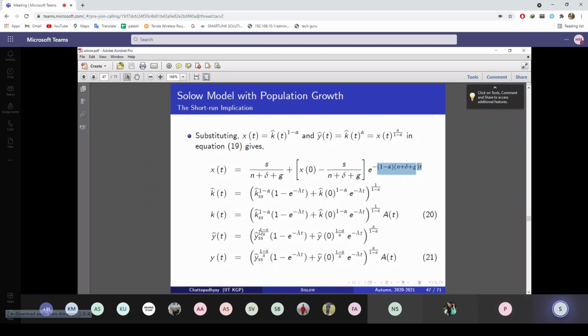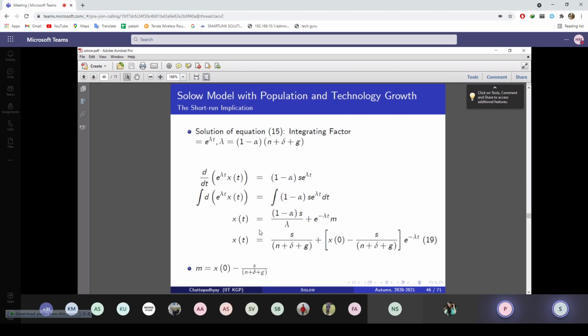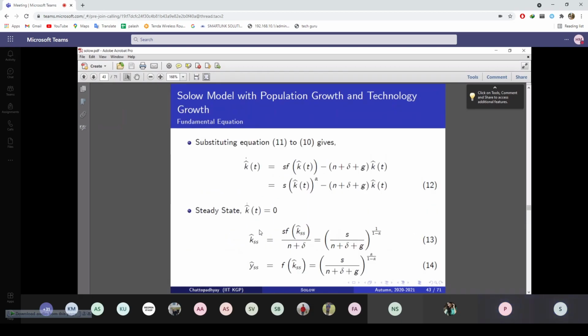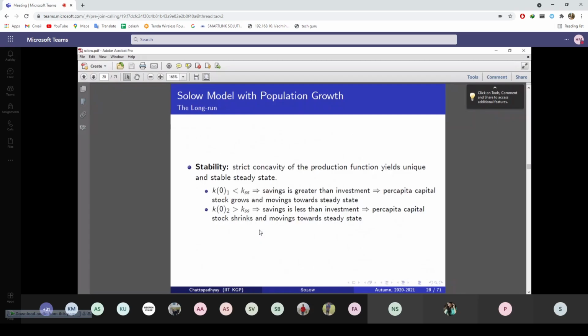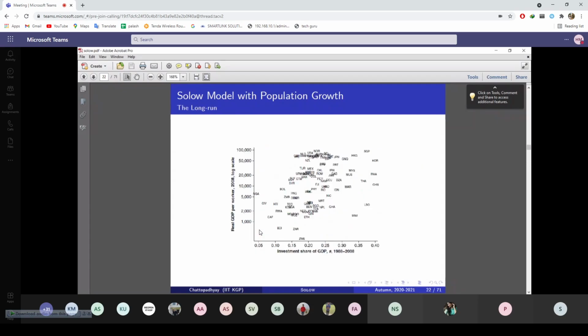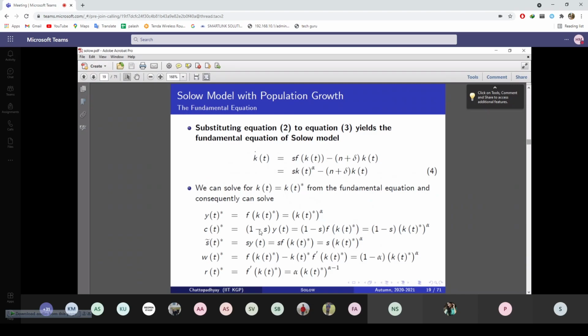Another is, as you said, that once I solve for k_t for each and every time period, then if I substitute those values of k_t here, I can get the solution of y_t for each and every time period. c_t, per capita savings, wage, rental can be solved.